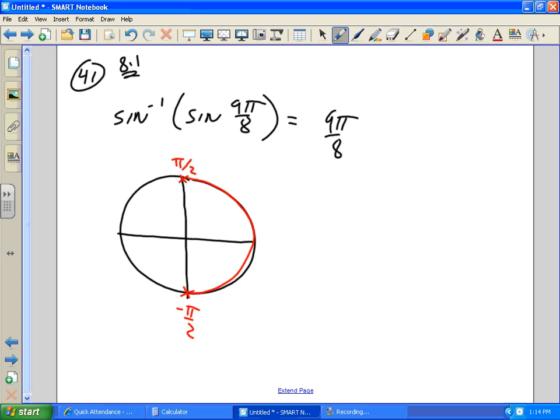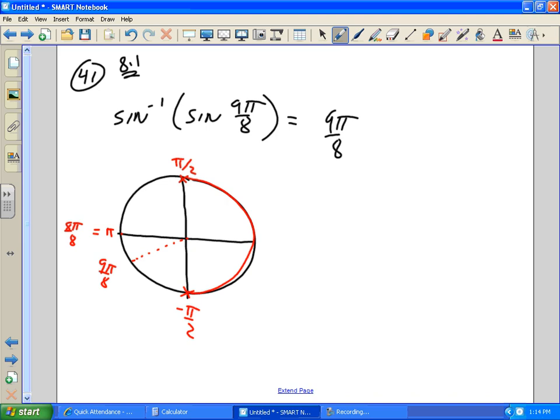So where is 9 pi over 8? Well, 9 pi over 8 is in this quadrant, isn't it? This is 8 pi over 8, which is pi. So wouldn't one more be 9 pi over 8? But 9 pi over 8 is not in the correct quadrant, is it?